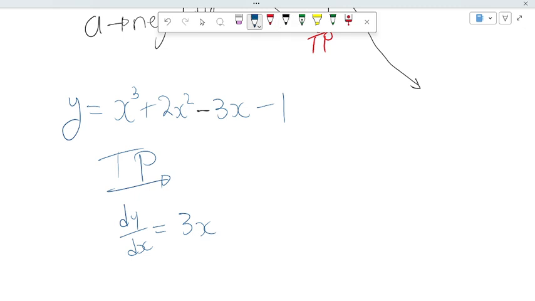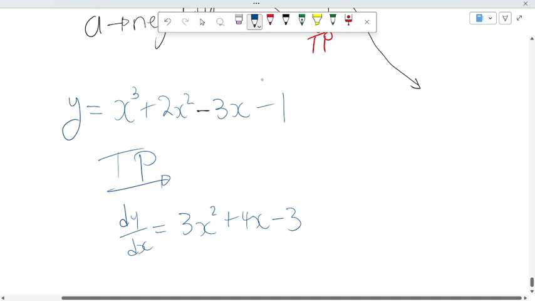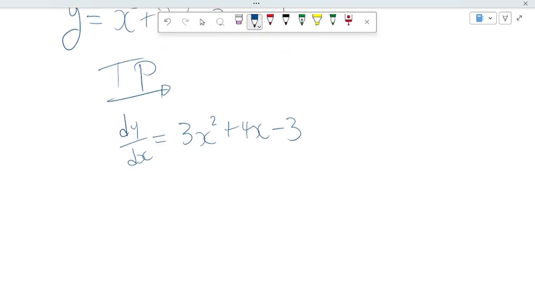Like that: 3x squared plus 4x minus 3. Then you equate this to 0.